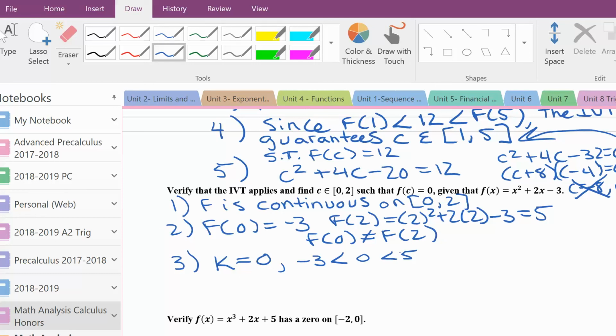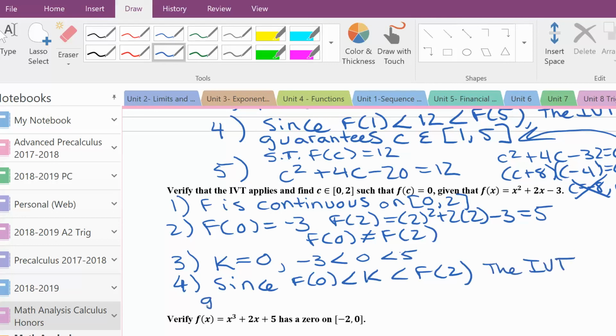So since it's between negative 3 and 5, and we'll say that in step 4, since k is between f of 0 and f of 2, the intermediate value theorem guarantees that C will exist between 0 and 2 such that f of C will equal 0.